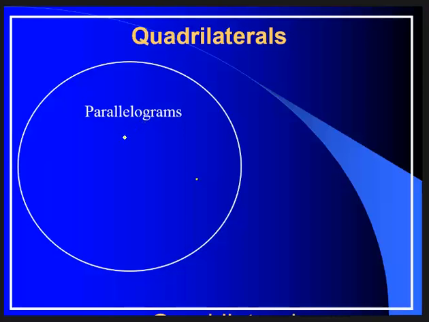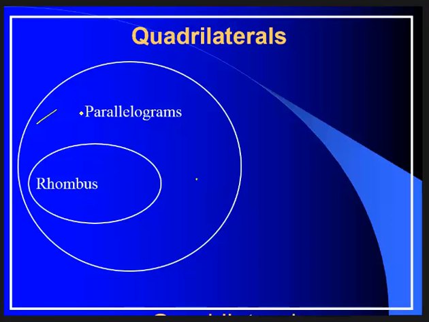Two pairs of opposite sides that are parallel. Then we have some parallelograms that are even more special that we call a rhombus, where not only are the two pair of opposite sides parallel, but they are congruent to each other. So here's our parallelogram, like something like this. But on a rhombus, they were all the same size. They're all congruent to each other.